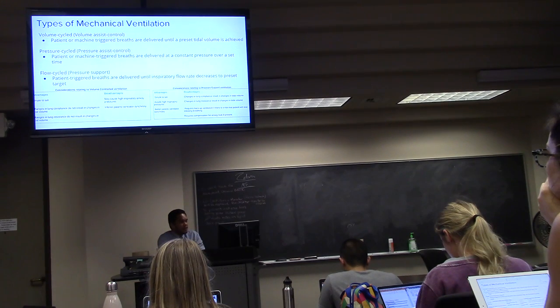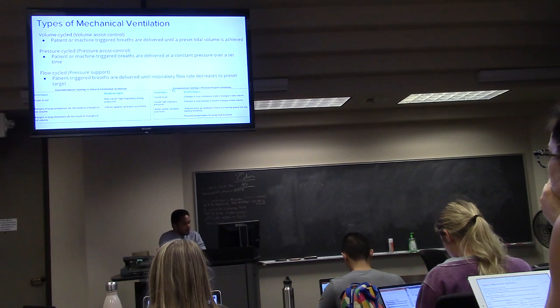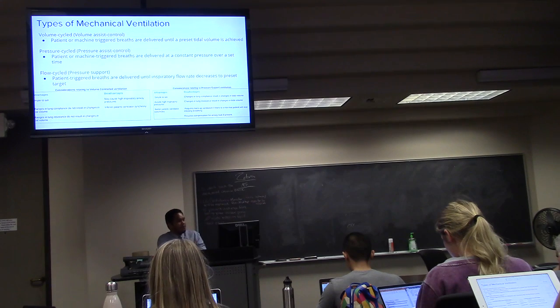In pressure cycle, the initiation time and the termination time of the breath is determined by the amount of time you want and the amount of pressure you want the patient to receive. And in the flow cycle, we'll talk about it in a second, but the amount of time that you want the patient to breathe depends on the amount of flow that they're pulling in and exhaling.